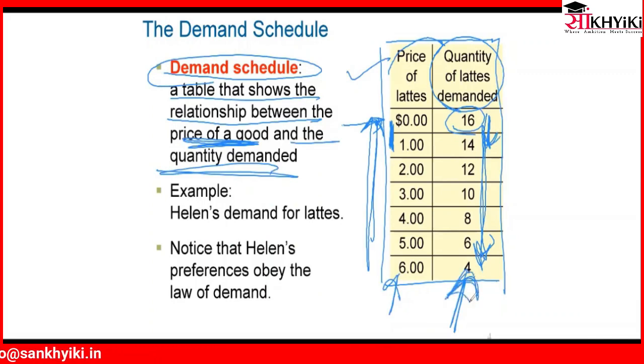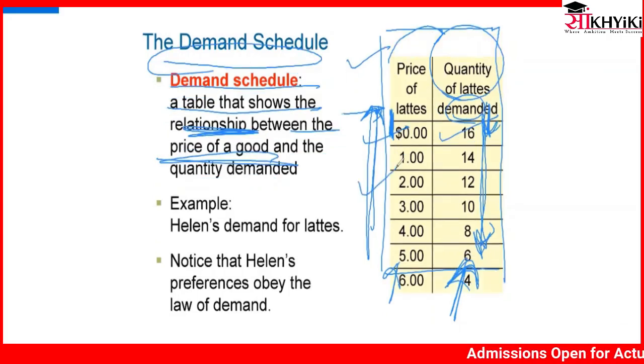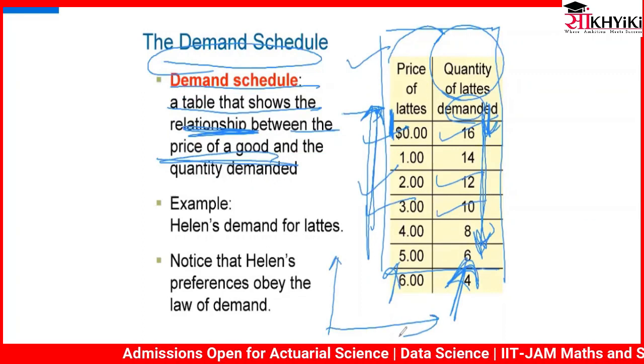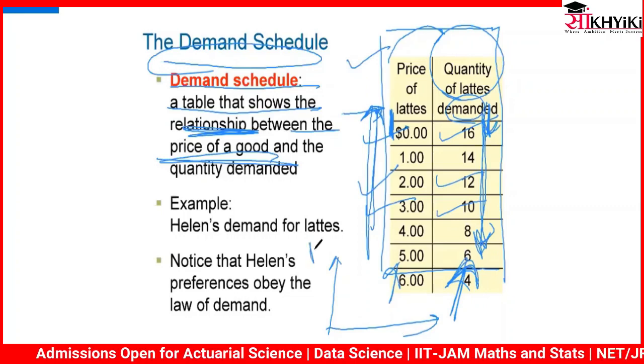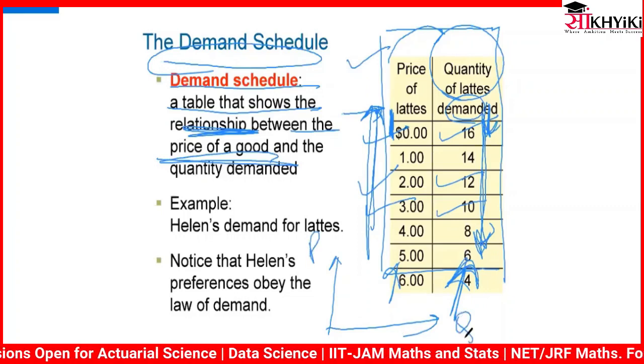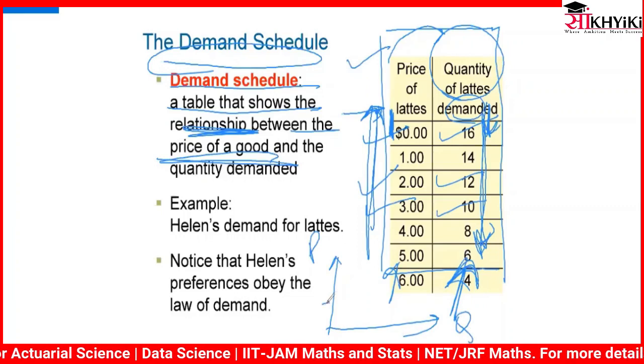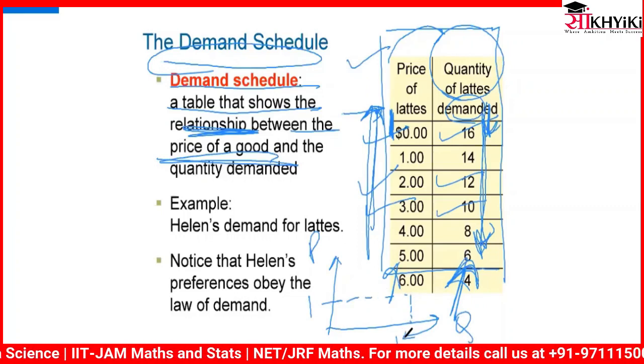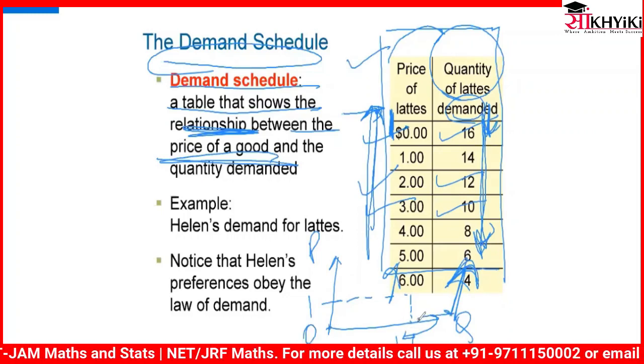Okay. Now, if I have this in mind, that at a price of 1 it is 14, at a price of 2 it is 12, at a price of 3 it is 10, and so on, it is very easy for me to go ahead and plot this. I can take price and quantity, and say that at a price of 1 the quantity is 14. At price 0 it was 16.